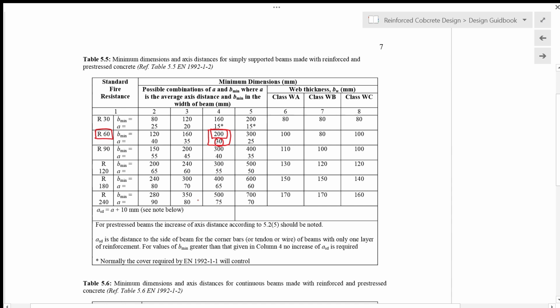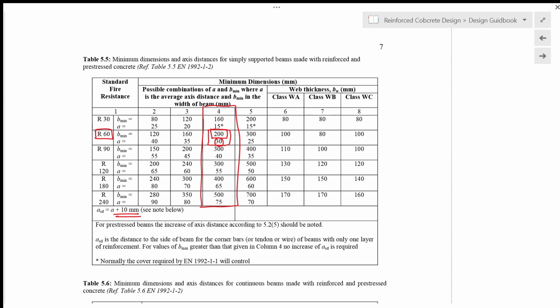So now this is column 4, and the specified B minimum is 200 mm, and we have a 250 mm beam. Therefore, we do not need to consider the increase of 10 mm in ASD for the corner bar axis distance.